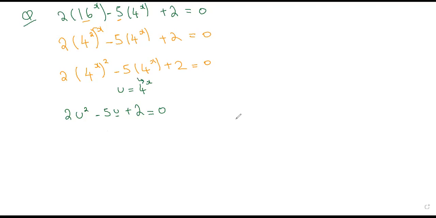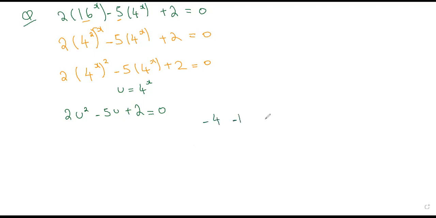So how do we find the value of u? You have to think of two numbers such that when you multiply them, you get 4, and when you add them, you get minus 5. So can you think of two factors? Yes, you can think of two factors. Minus 4 and minus 1.